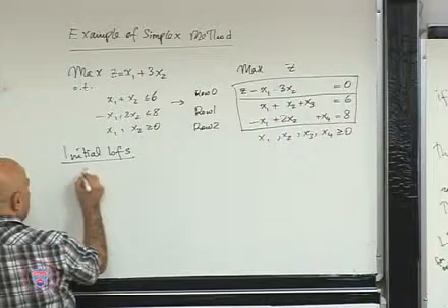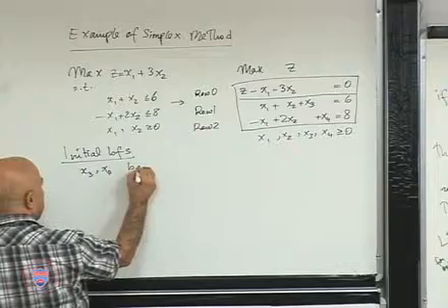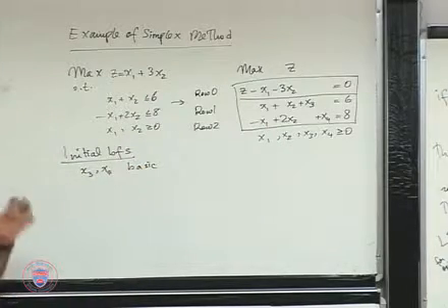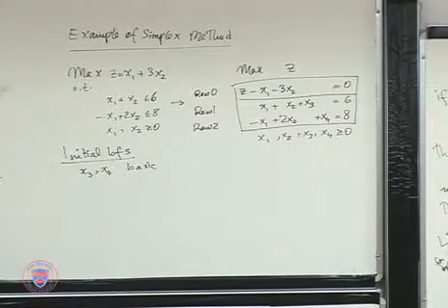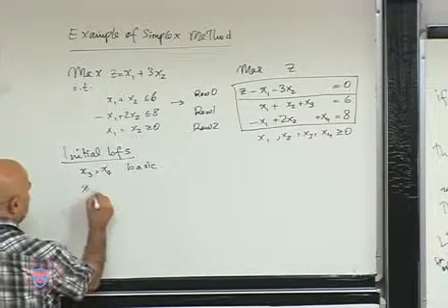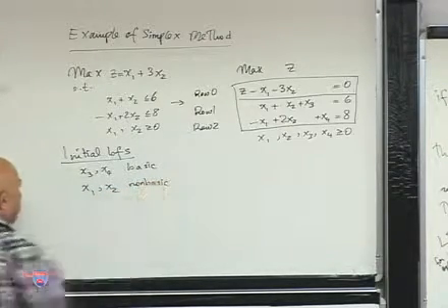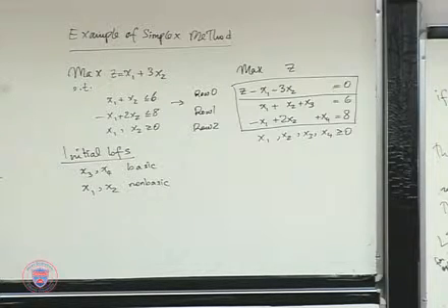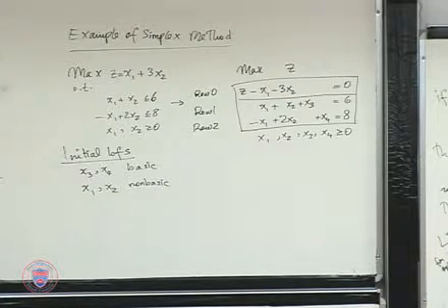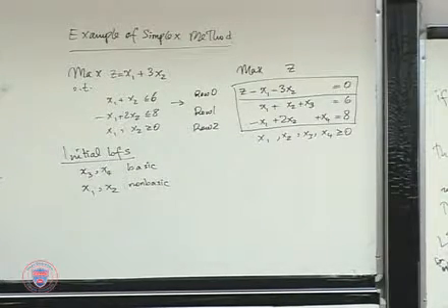So x3 is basic, x4 is basic, these are basic. So the basis matrix is defined by the columns of those. x1 and x2 are non-basic. And remember that for the standard form problem, non-basic means they are set equal to 0. Did I mention that? Okay. Maybe I did not mention that.